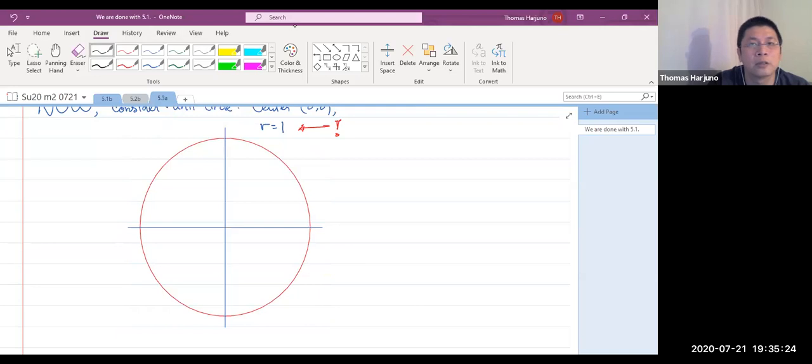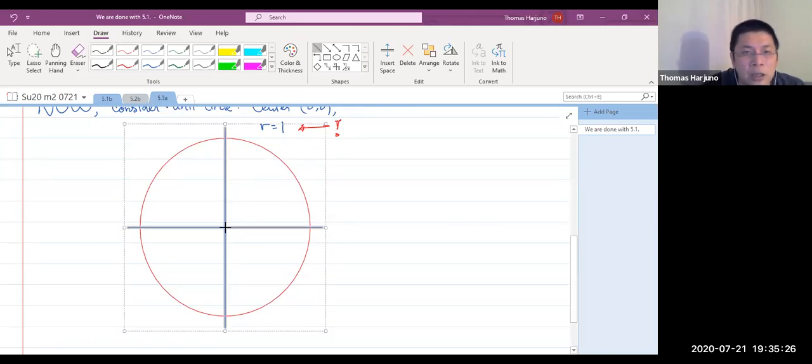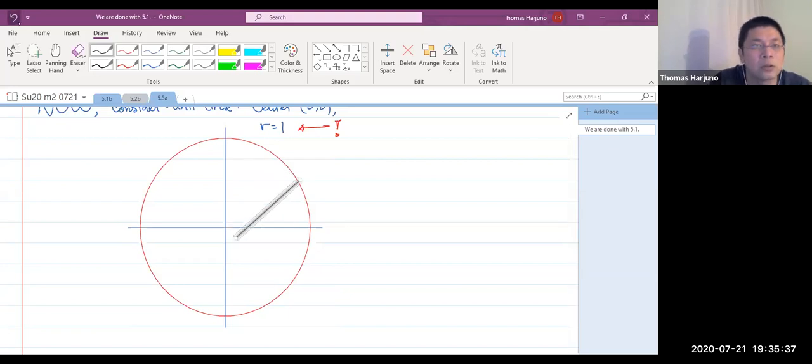Such that if I have a point on the circle, let's say this is theta here. Okay, the radius is 1, right? And let's say this coordinate is (x, y).